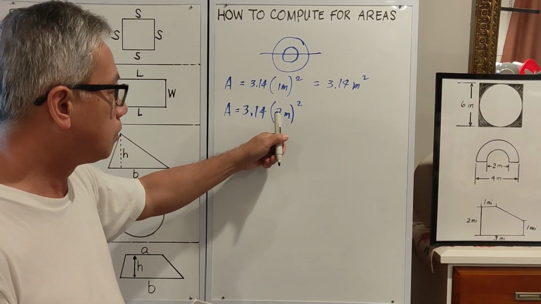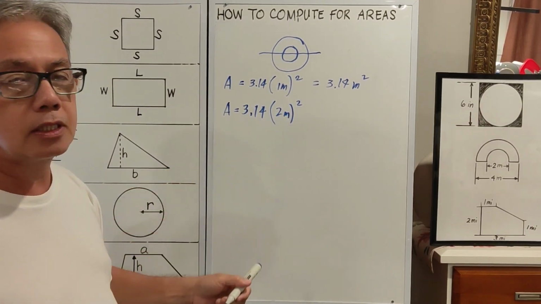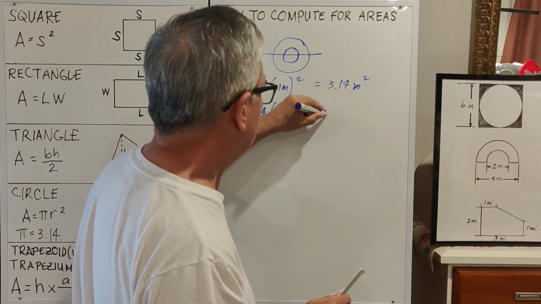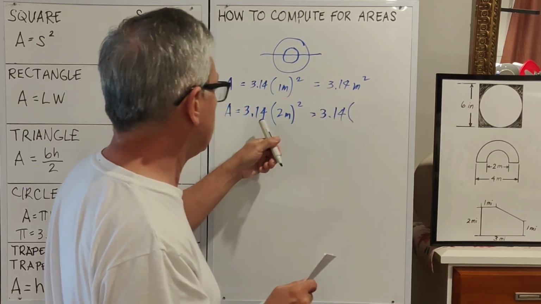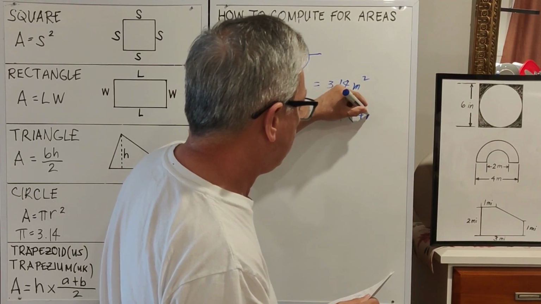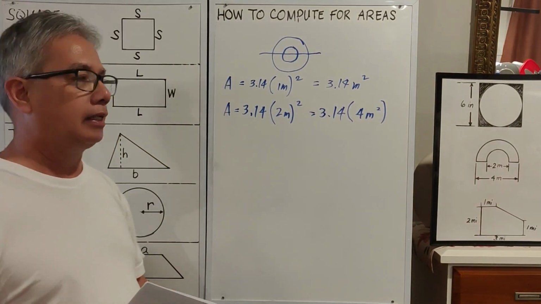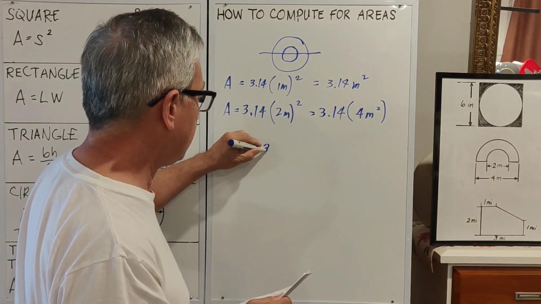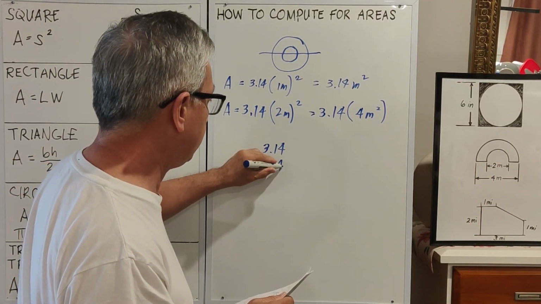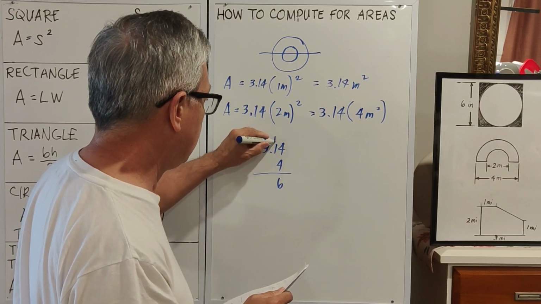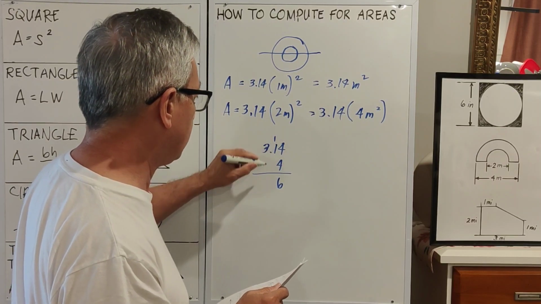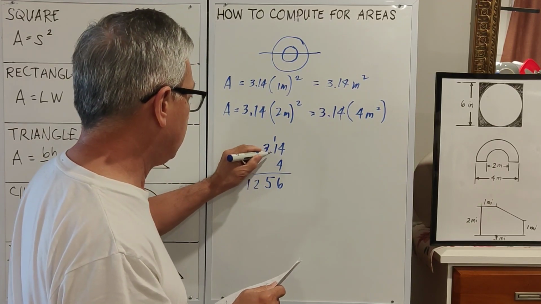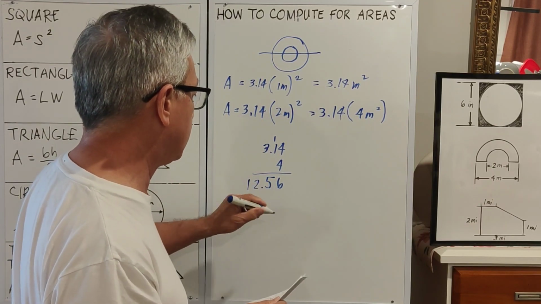So 2 times 2 is 4, so this one will become 3.14 times 4 meters squared. 4 times 4 is 16, 4 times 1 is 4 plus 1 is 5, 4 times 3 is 12, with 2 decimal places.